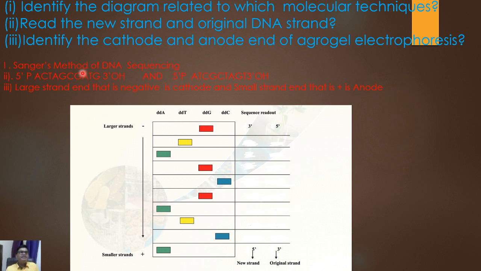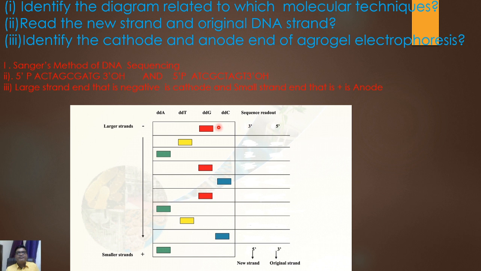So if you read, this is A, C, T, A, G, C, G, A, T, C, G. So this is 5 prime P, P means phosphate, and the terminal end is the 3 prime hydroxyl group. And again, this is the original template strand, which is the complement of it.